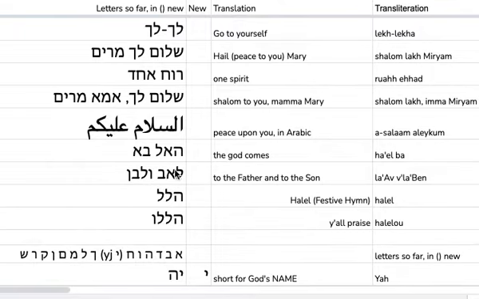So the ha that might be in here to make this to the Father, it also might be to a Father or to Father, but the h gets swallowed up, so it's just la'av v'laben. So the vocalization of the ah is still there from the definite article, but the h gets swallowed up. So la'av might be to the Father. Okay, last couple words for this lesson.